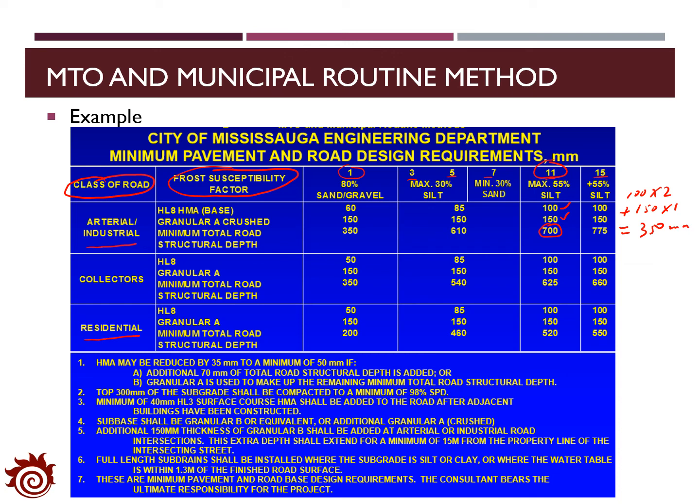Based on the minimum total depth, we can find the subbase should be 700 minus 350, which is 350 millimeters. So we should have at least 350 millimeters thickness of the subbase layer.